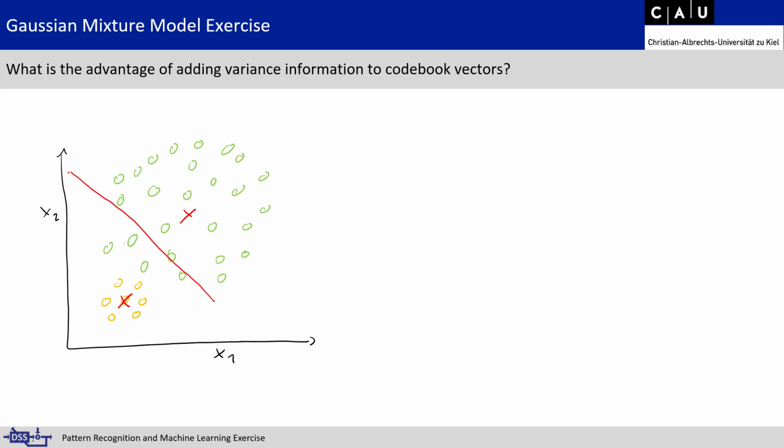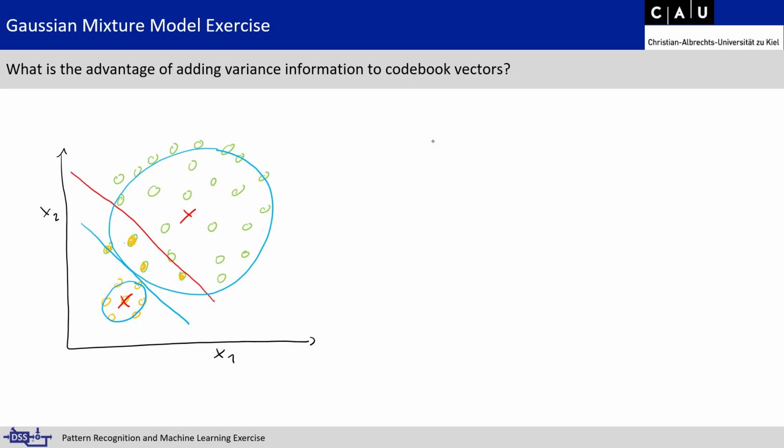So actually these green circles would be classified as belonging to the yellow class. Now, if I added variance information, you can see down here this has low variance and this has high variance, then I can use this variance information with the same means to move the decision line somewhere like here, and then this would result in fewer misclassifications if I have knowledge about the variances of the clusters.